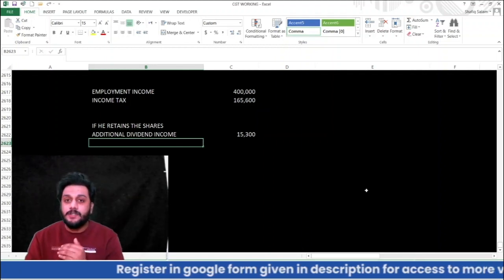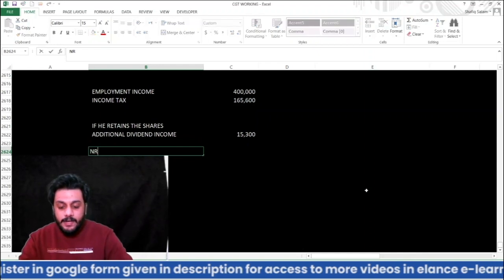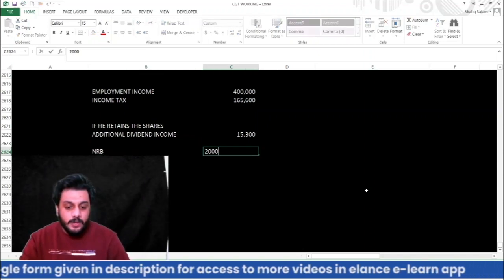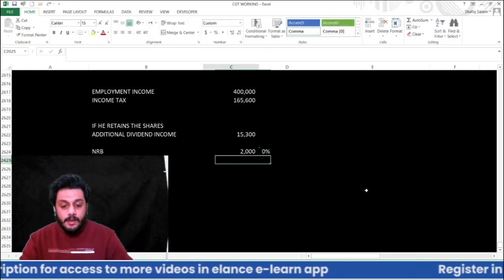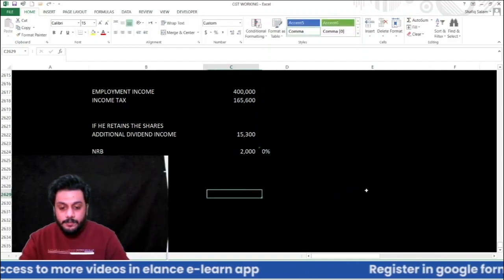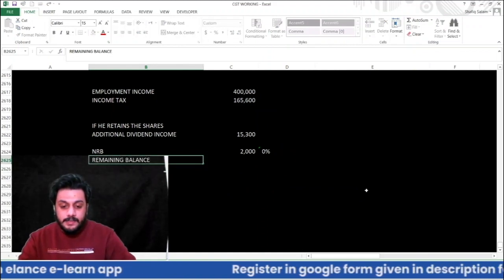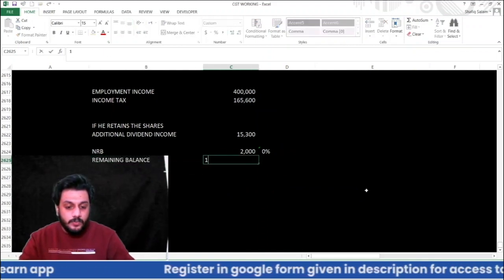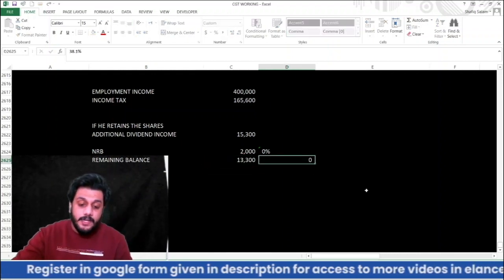This additional dividend income will be causing an extra income tax liability that is calculated as follows. The nil rate band would be there, that is 2,000, which will be taxed at 0%, and the remaining balance, that is 13,300, will be taxed at 38.1%. You know why?